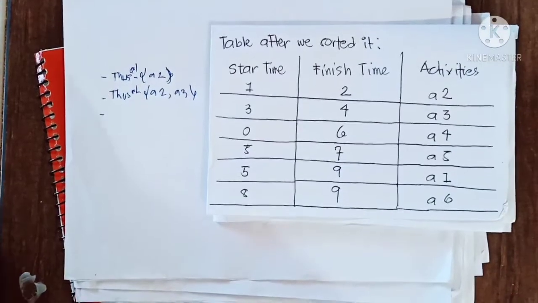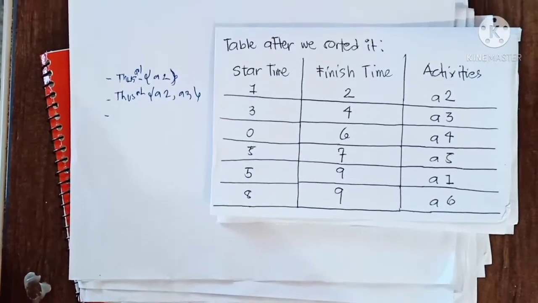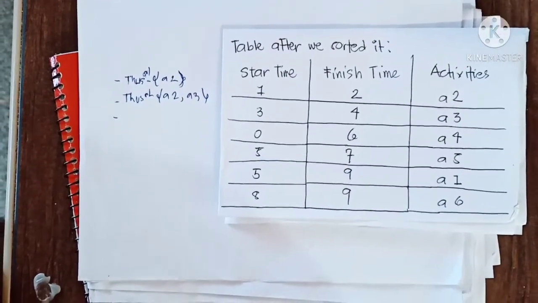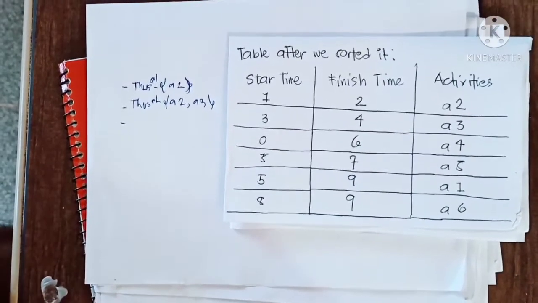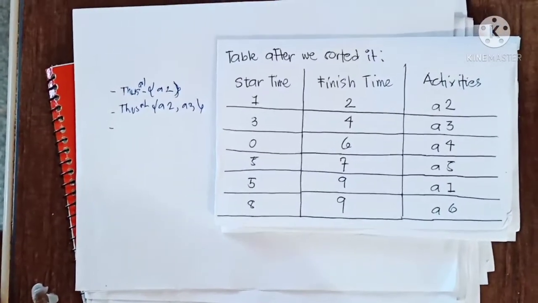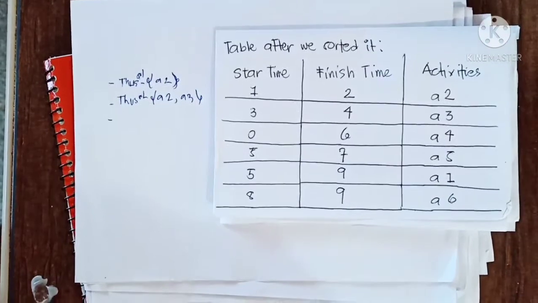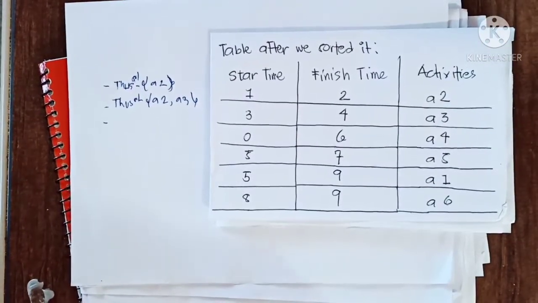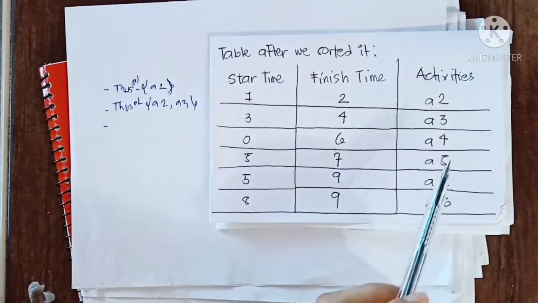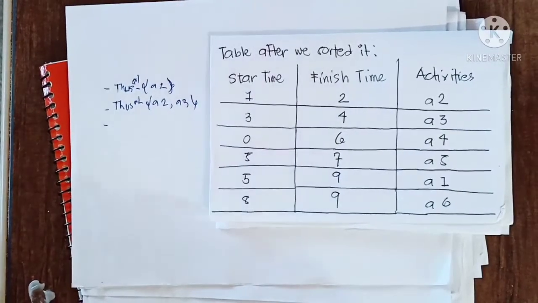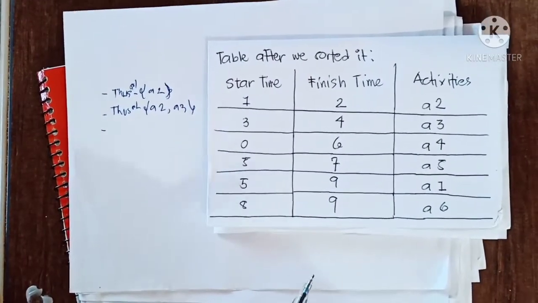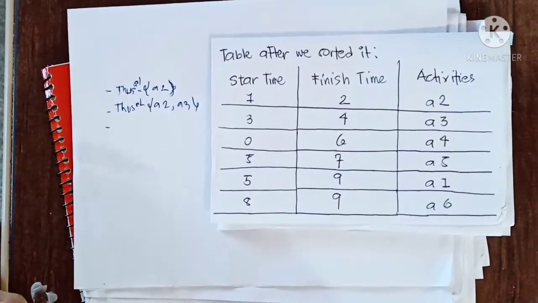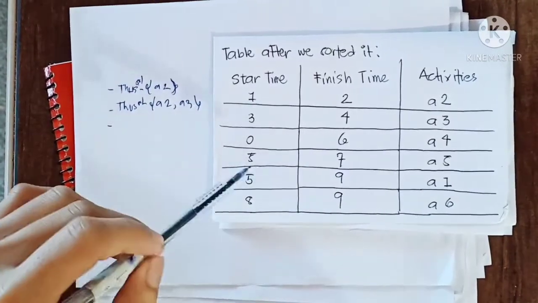The next activity is activity 5. Since the start time of activity 5 is greater than the finish time of activity 3, our previously selected activity, we can add it to the solution because their times are not conflicting.